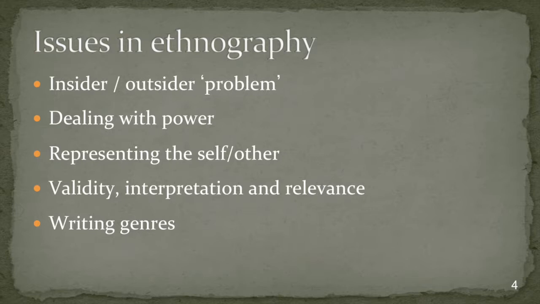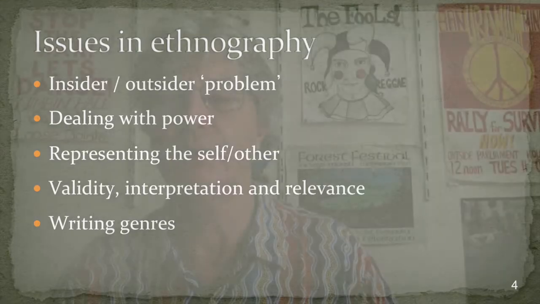So there's a range of writing genres and representational genres. Film is now a key representational genre for ethnography, and handing over production of that material can be part of it as well.